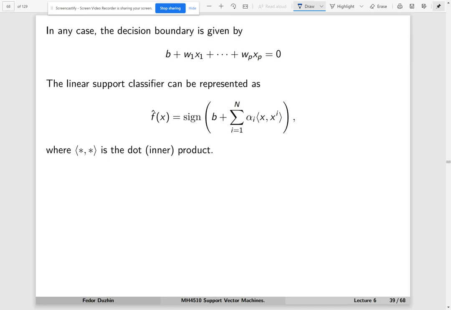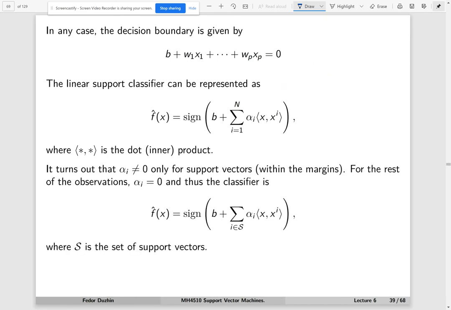Recall that initially what I had here is alpha i times x transposed times xi. I just replaced x transpose times xi, which means the dot product of the vector x and the vector xi, with this expression, x comma xi. This is the same thing, only the first is in matrix form, the second is in vector form.